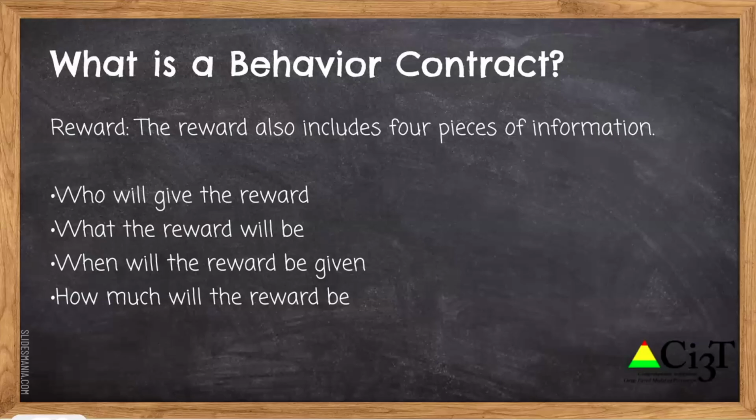For instance, I've seen folks take a Starburst fruit chew or a chewy candy, and cut it into pieces. After a student performs a task, they reward them with a bit of that candy.